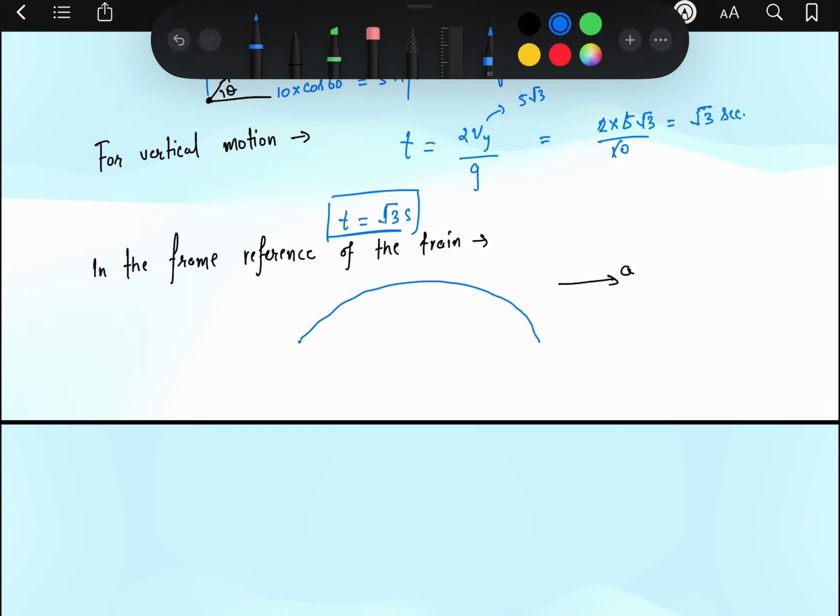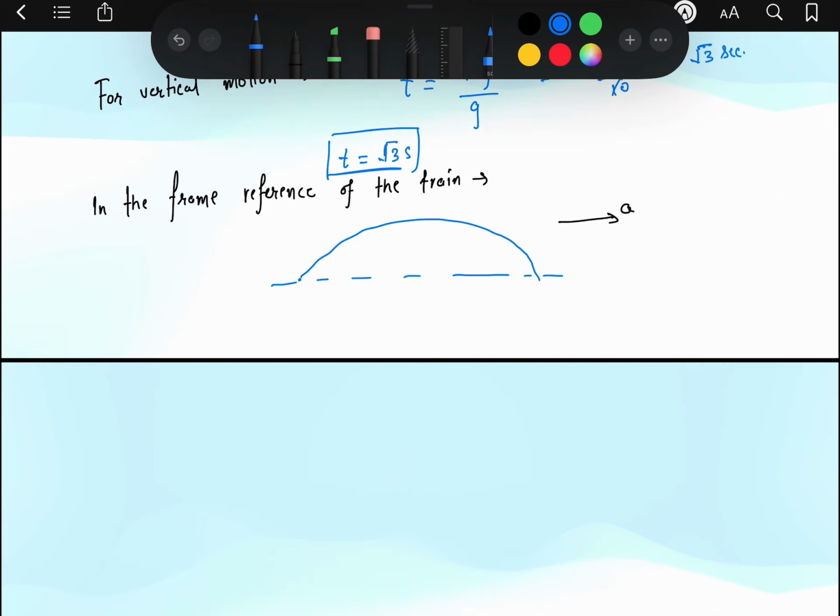So if I consider only the x direction, that is the horizontal direction, let us suppose at t equal to 0 the ball is projected, and at t equal to root 3 seconds the ball is back in contact with the train.